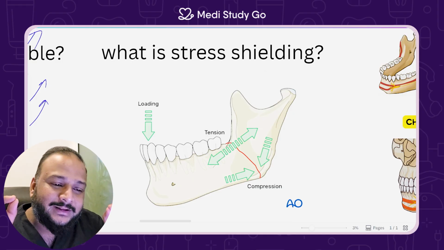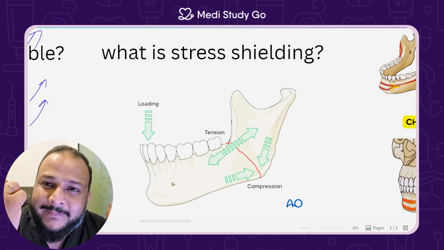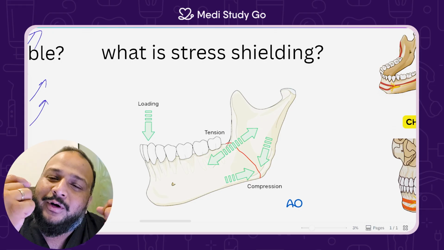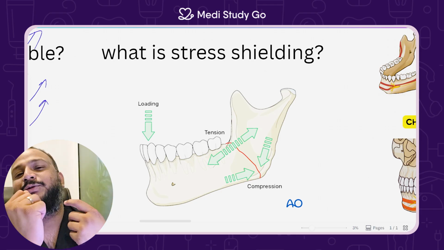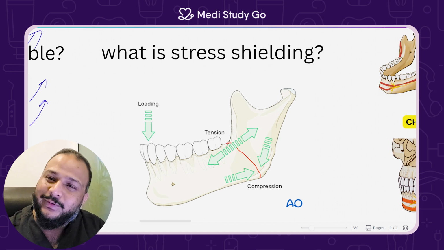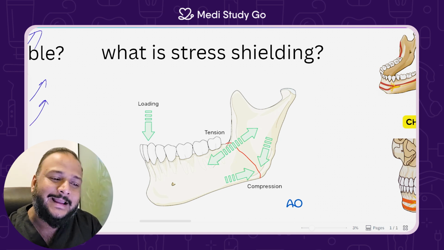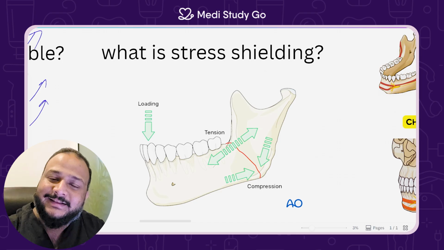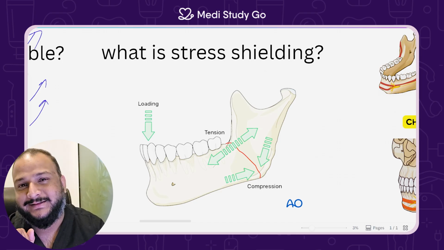What were the properties of this hardware? It used to absorb all the forces from the muscles of mastication and all the forces from the occlusal compartment. So now do you understand? A plate used to fix a fracture takes away the forces of occlusion and the forces from muscles of mastication.